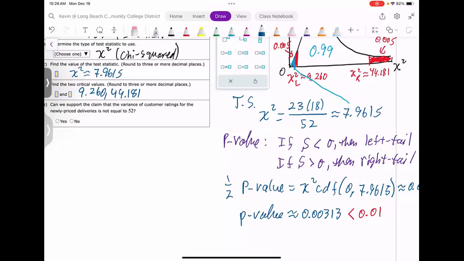And because the p-value is less than our alpha, and at the same time our test statistic is in the critical region, we are going to reject the null hypothesis. So can we claim that the variance is not equal to that? Yes, we can.